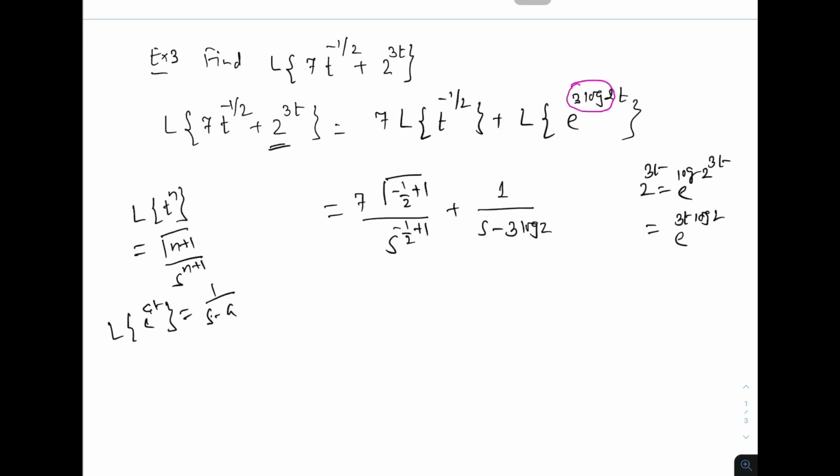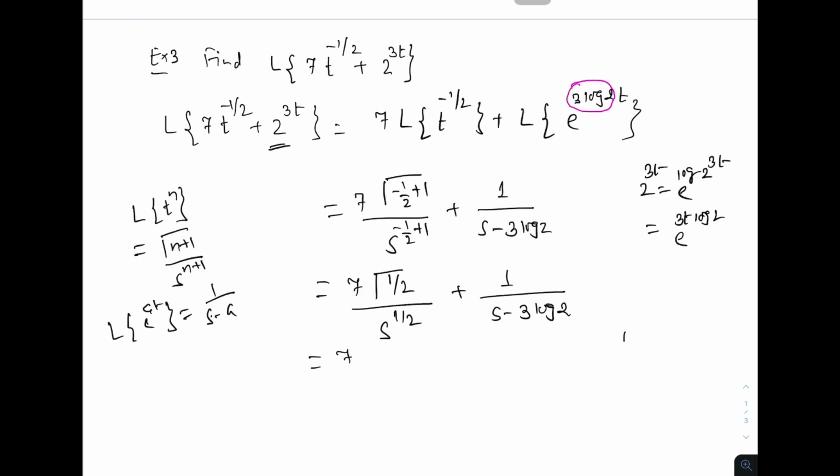Now this is equal to 7 gamma half over s power 1 by 2, plus 1 over s minus 3 log 2.